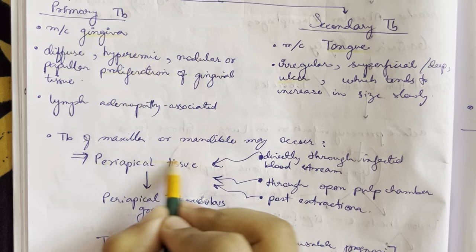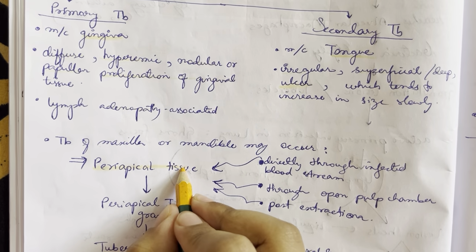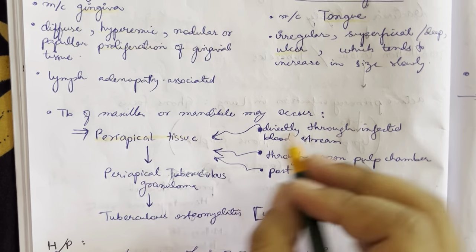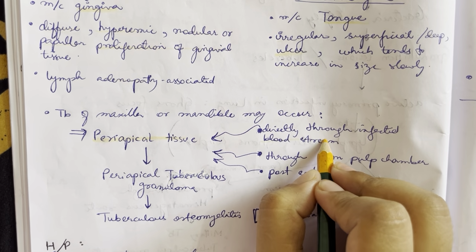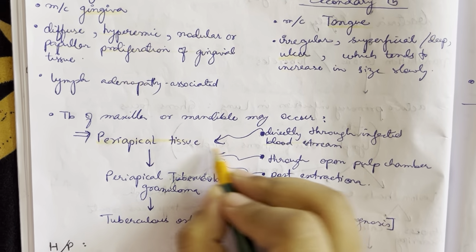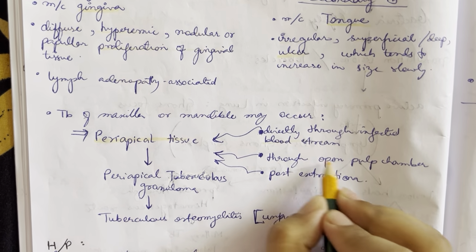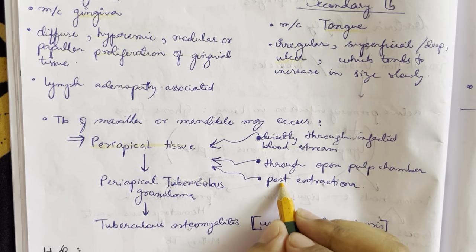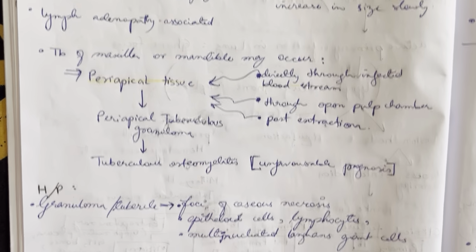What happens is in the periapical tissue, the organism will reach either directly through infected bloodstream, that is coming beneath the tooth, then through open pulp chambers from the oral cavity, and post extraction also from the oral cavity.